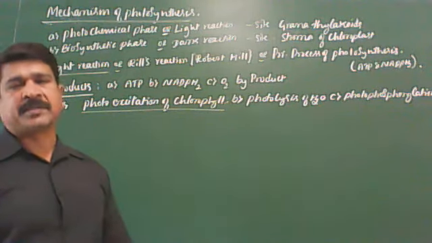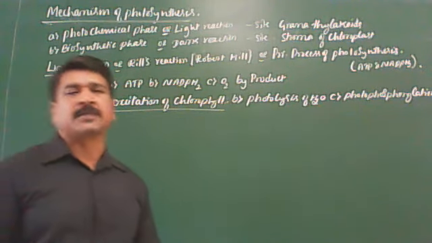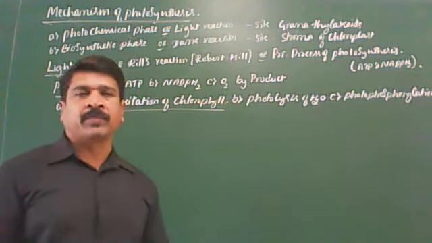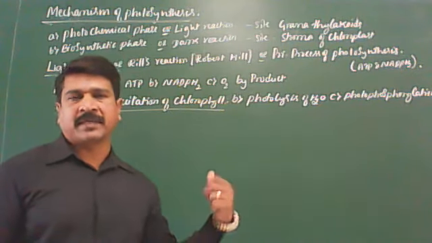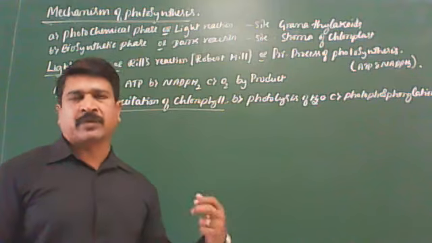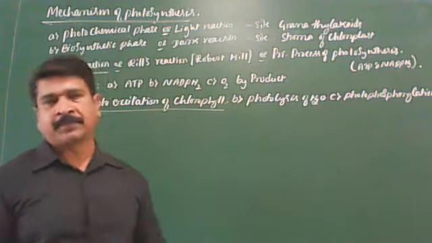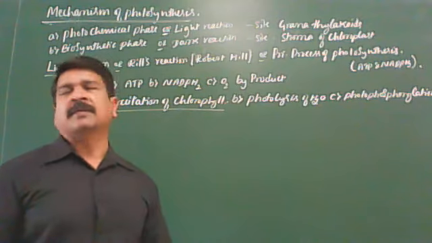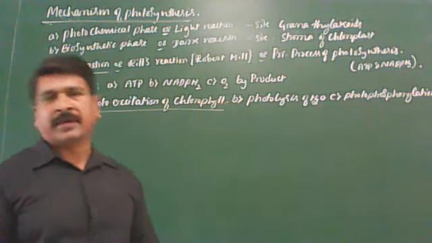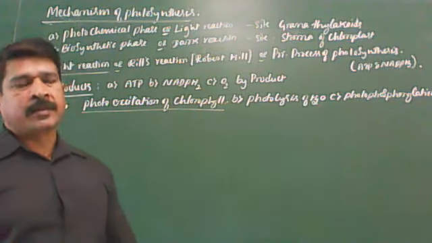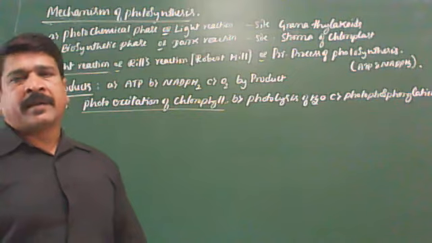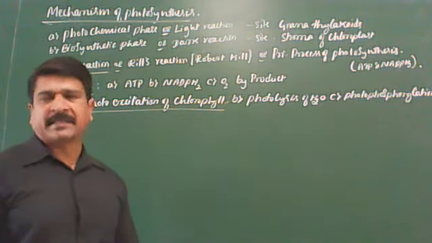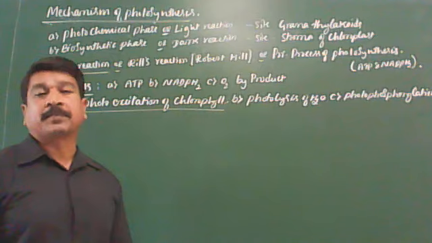Another point is the reaction center of photosystem 1 and of photosystem 2, because we often use these in the light reaction. The reaction center of PS1 is chlorophyll A 700, or P700. The reaction center of PS2 is chlorophyll A 680, or P680.